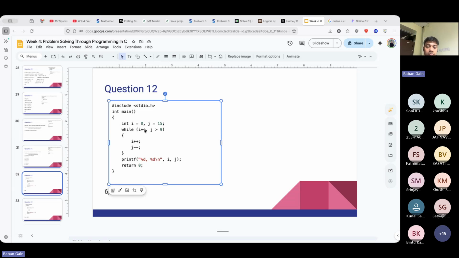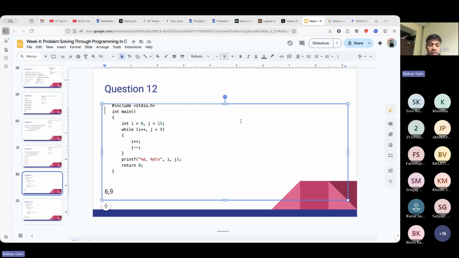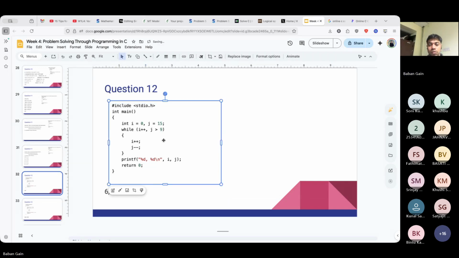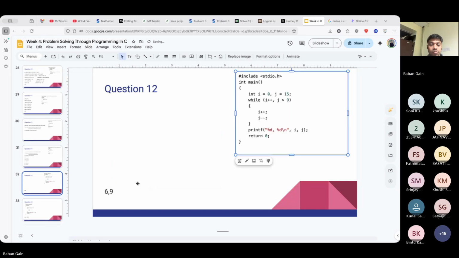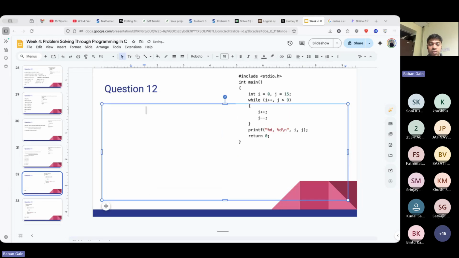So in this case, initially what will happen? i is 0, j is 15. So initially it will go 1, inside 2. In the first iteration, 0 will get increased 2 times, so it will be 2 and the value of j will be 14.